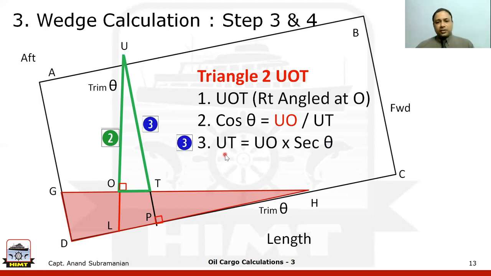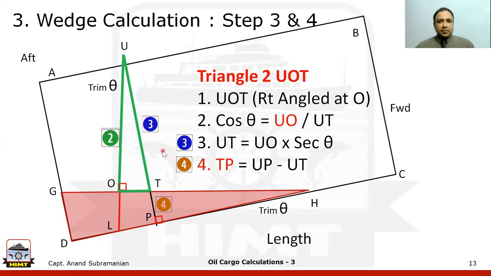What we want to find out is UT. So UT is equal to UO into secant theta, and from here we can find the value for UT. We already have the value for UP, which is the height of the tank plus the height of the ullage pipe. Once we subtract UT from UP, what we have in hand is step number 4, which is TP.